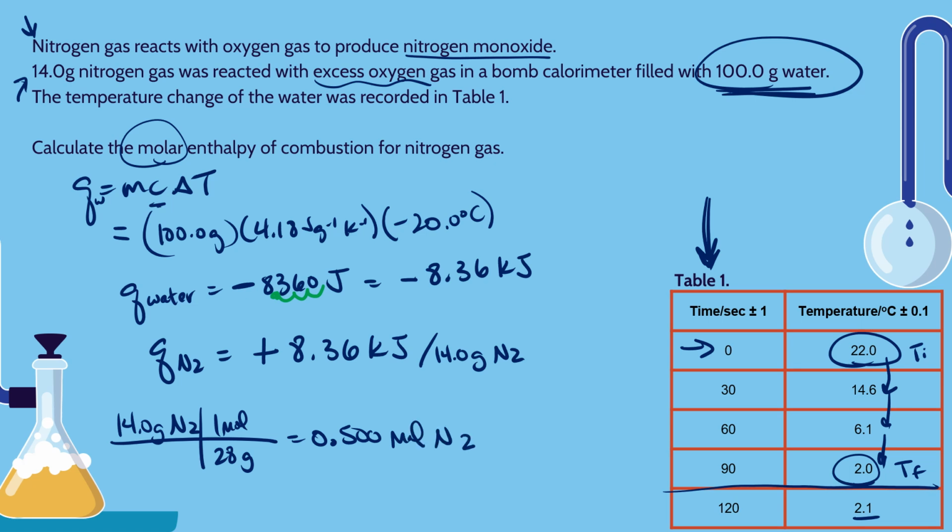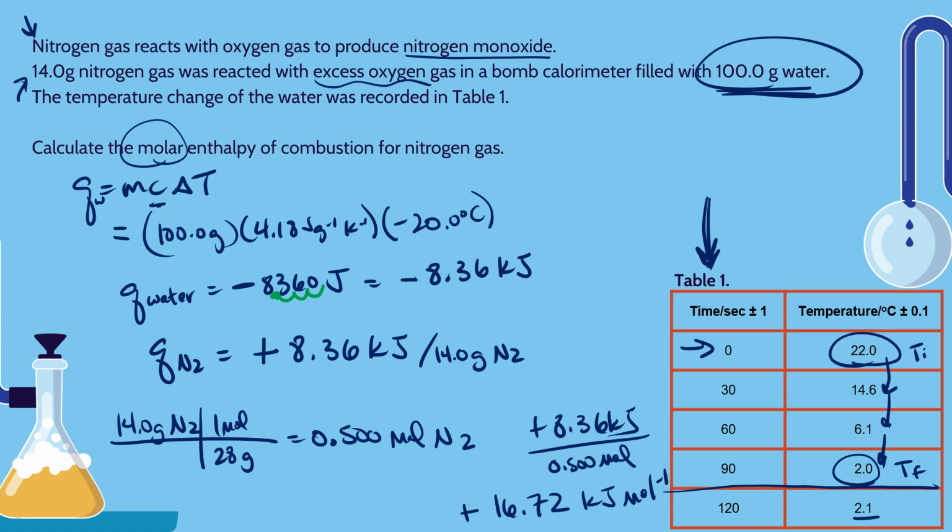So we're going to take our positive 8.36 kilojoules and divide it by 0.500 moles of nitrogen gas, and that is going to give us positive 16.72 kilojoules per mole.